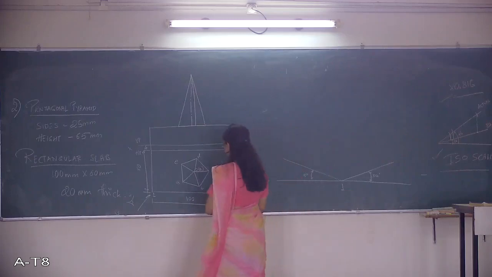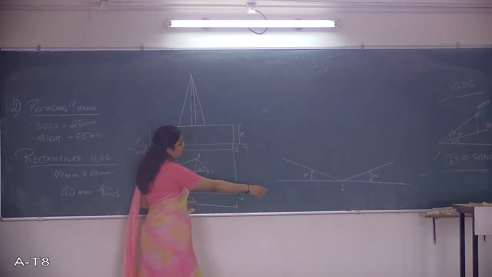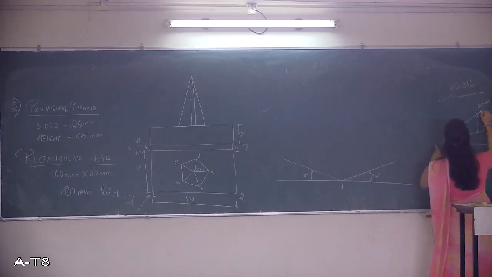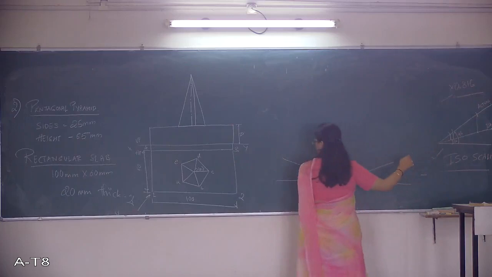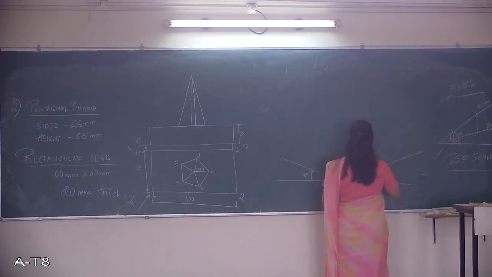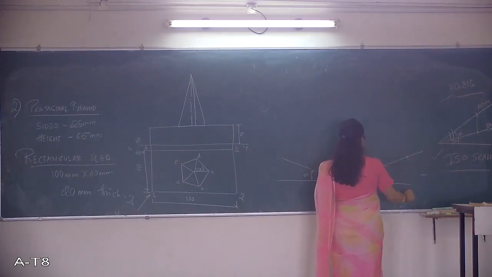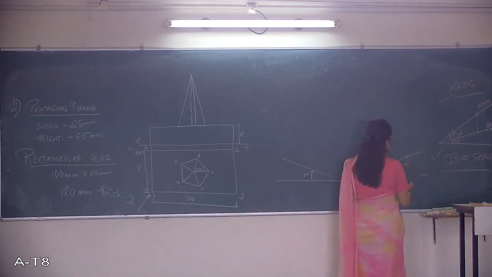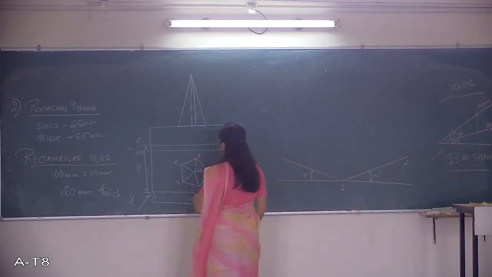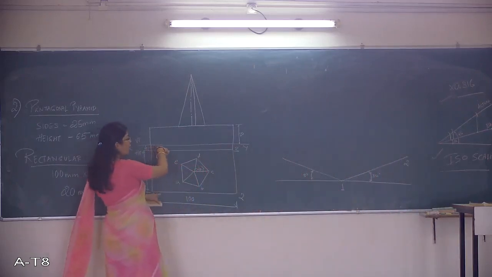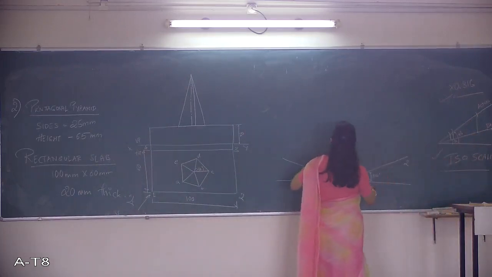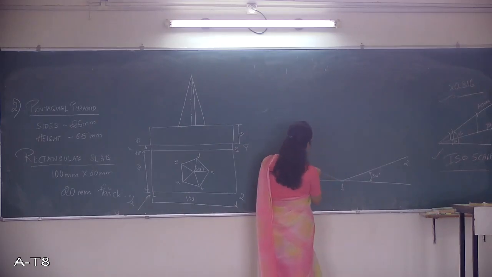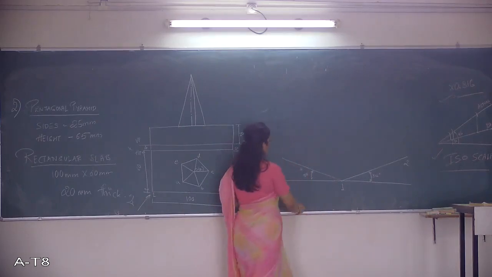Okay, next, measure 1 to 2, go to the ISO scale, mark it here, project it down to get the ISO reading, and 1 to 2, which is here, you mark point 2 here. So you get this as point 2. Next, you see how much is 1 to 4, go to the scale here, get that value and mark 1 to 4. So this is 4.